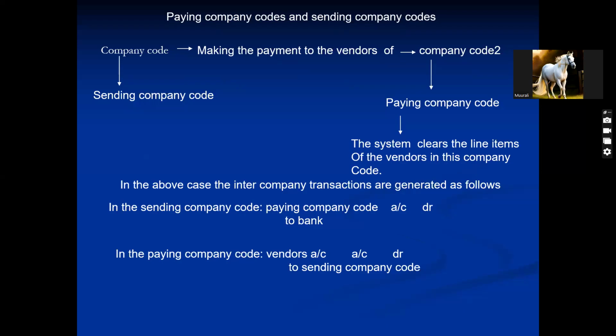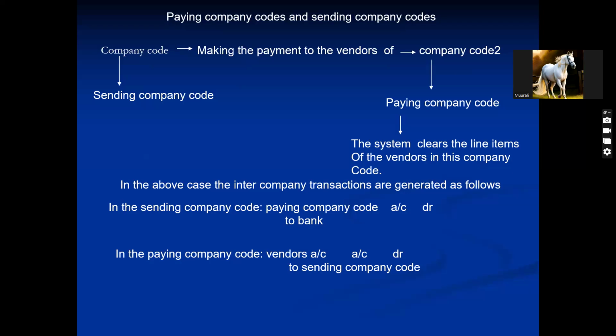Let us say, for example, head office and branch. A branch will have the permission to buy the material. Whatever material is required, it has the right to buy. But in many cases, it doesn't have the right to make the payment. So what is the branch doing?